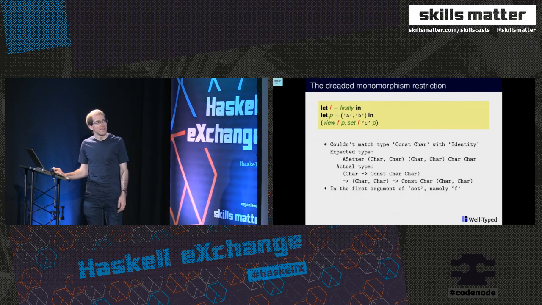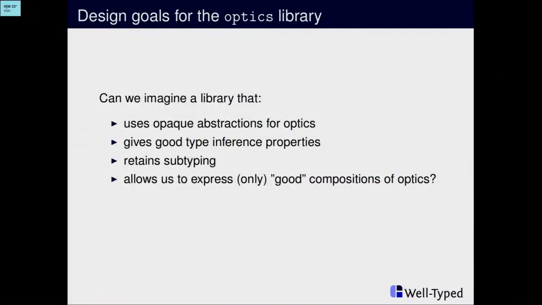Okay, so I mean this isn't ideal. It's clear that Lens gives us a lot of power, but some of the errors we get from it are not quite so nice. So something we've been thinking about is, well, how could we define a library that actually makes clearer distinctions between these abstractions?